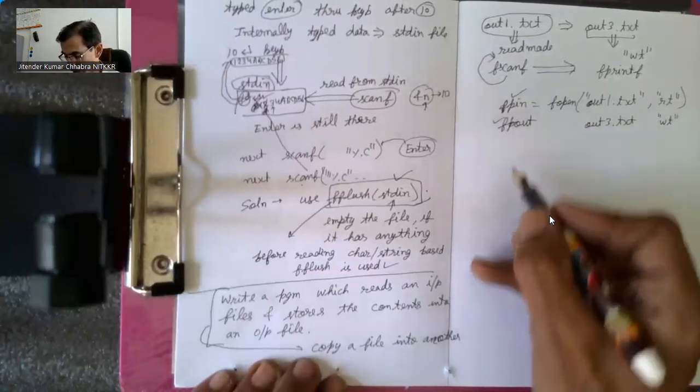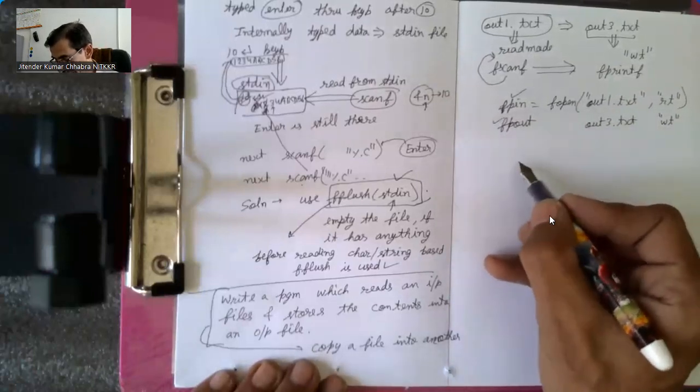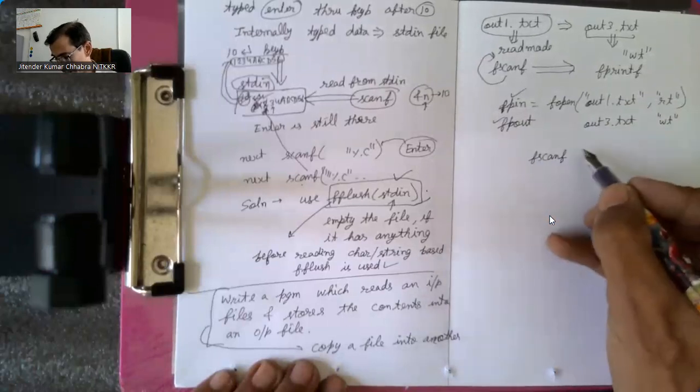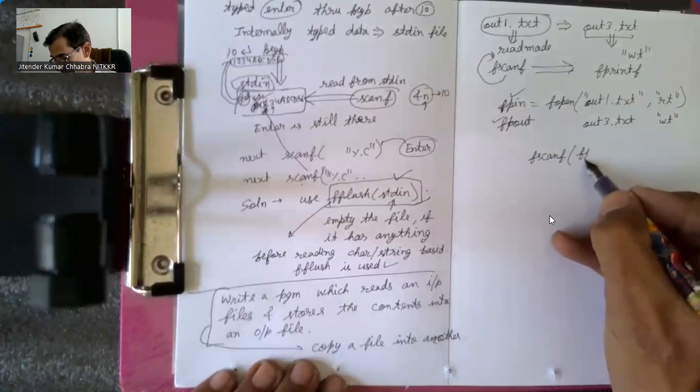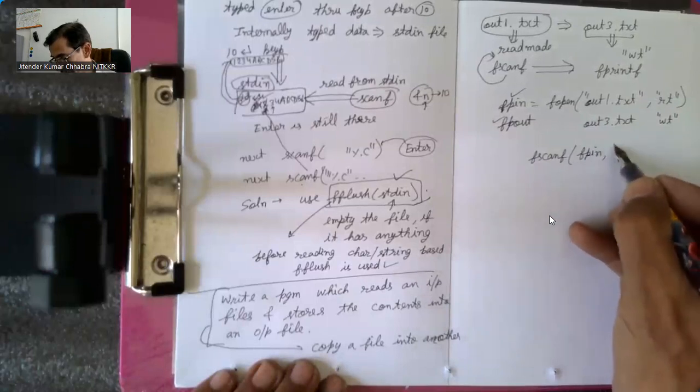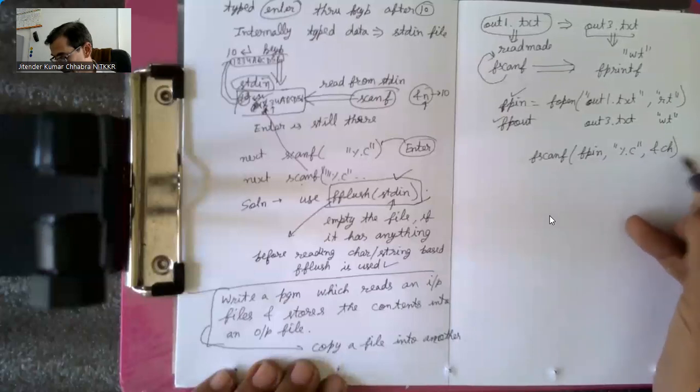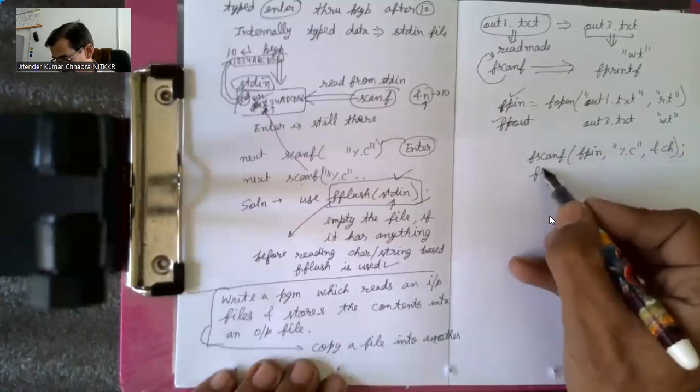Done. Now I have to loop, and every time I will say fscanf from fp in, read one character and store that character using fprintf.